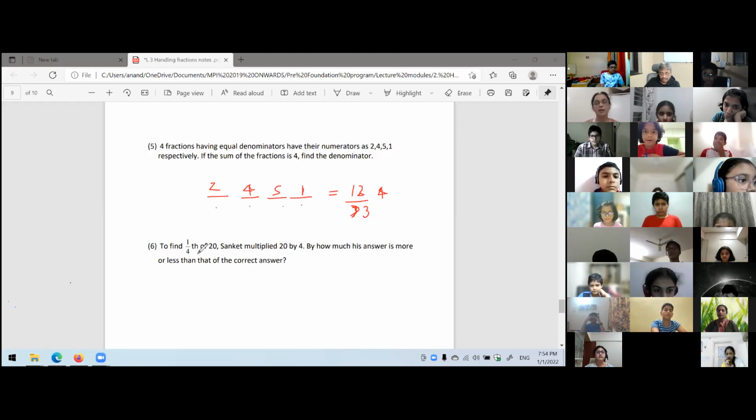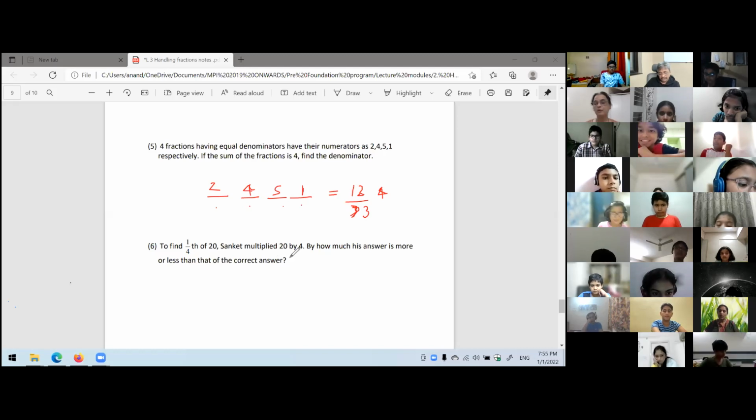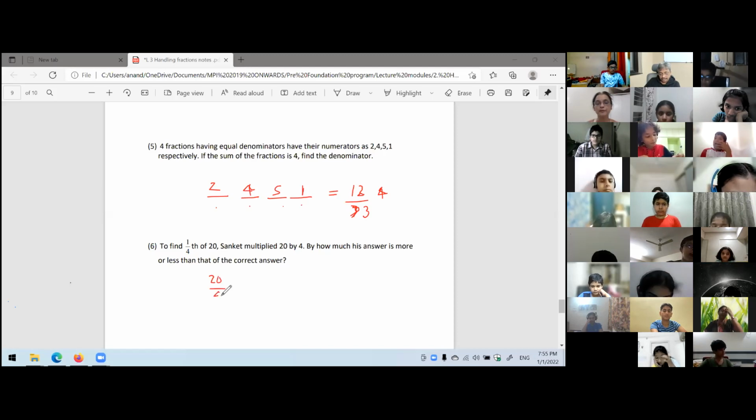To find 1/4 of 20, Sanket multiplied 20 by 4. He did the opposite. 1/4 of 20 is actually 20 divided by 4. So his answer should have been 5, the correct answer. But instead of that, he multiplied it by 4. So he got the answer 80.